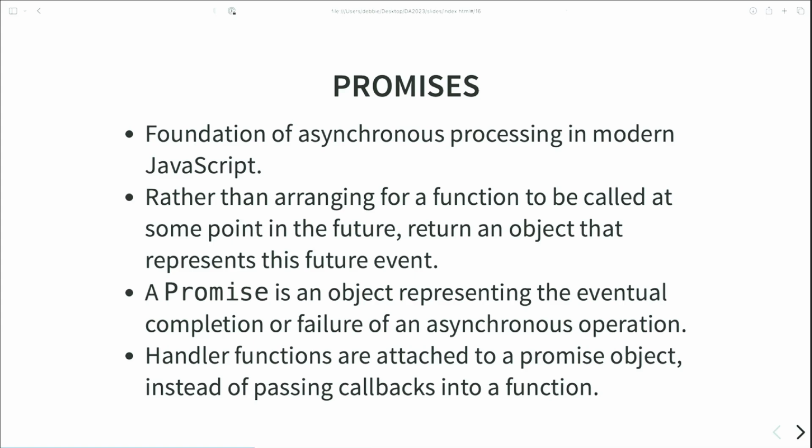So a promise is an object representing the eventual completion or failure of an asynchronous operation. And rather than passing callbacks into a function, we attach handler functions to the promise object.